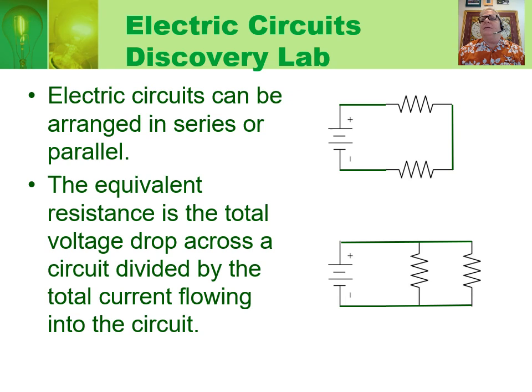These 2 sets of arrangements of resistors here, even if they were the same resistors, they would have a different effect on the total current flowing in my circuit with a given total potential difference. And so we call that the equivalent resistance. That is to say, it is the total potential difference of my circuit divided by the total current flowing into my circuit.